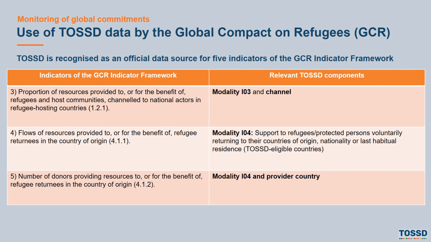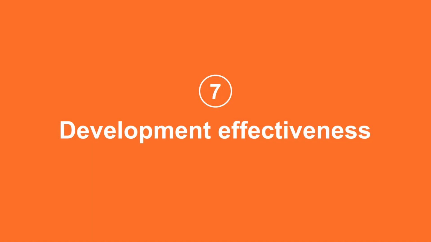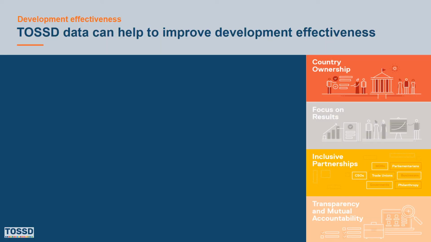And we have the indicator 4 of the GCR is about flows of resources provided, which correspond to modality IO4 in the TOSD framework, and indicators 5 of indicators 4.1.2 of the GCR that correspond to the modality IO4 and provider country. This section is about development effectiveness.